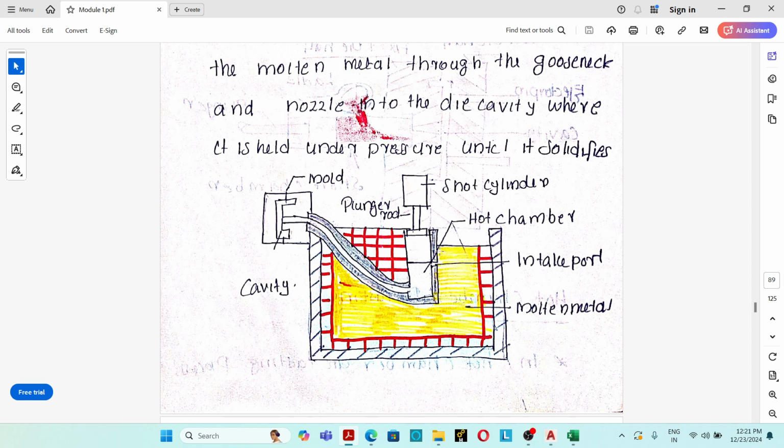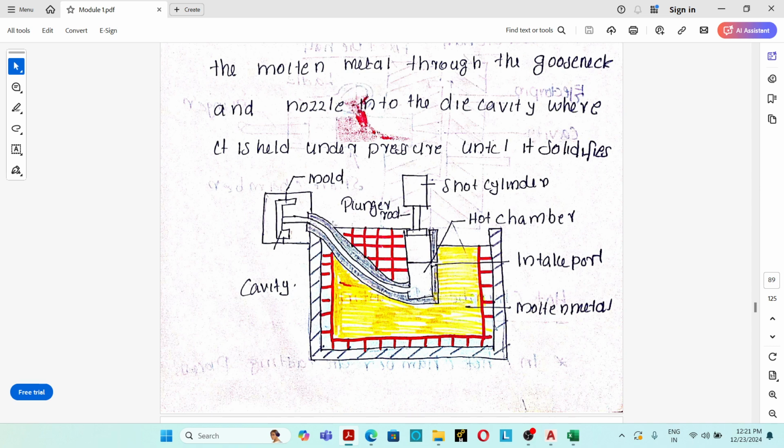Initially, the plunger moves in an upward direction, and through the intake port the molten material flows into the hot chamber. During the casting process, the plunger moves in a downward direction, sealing the intake port and exerting pressure over the molten material.